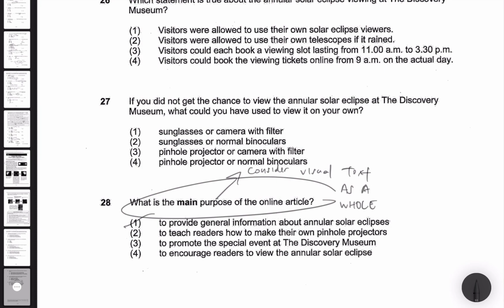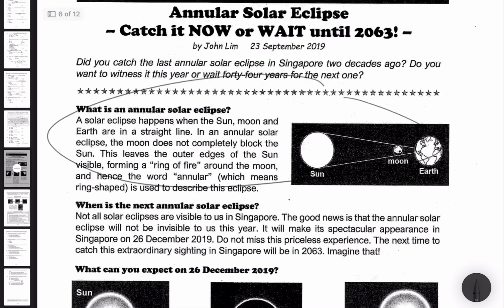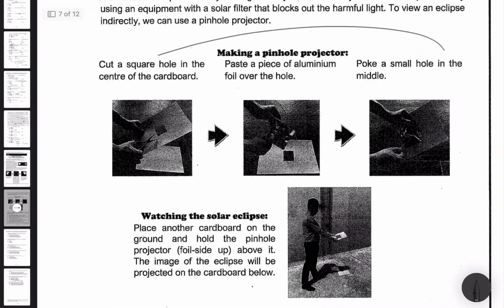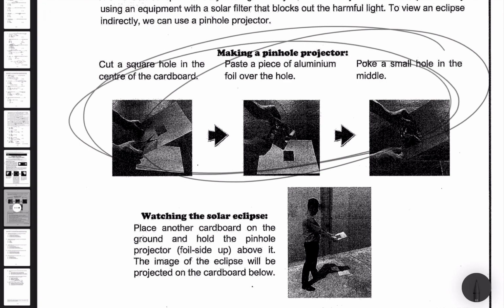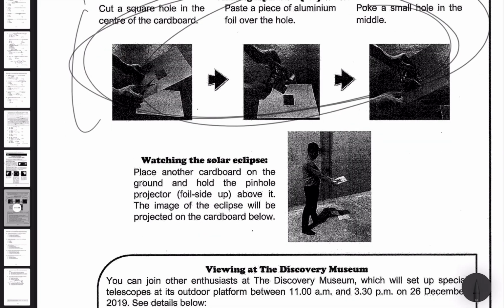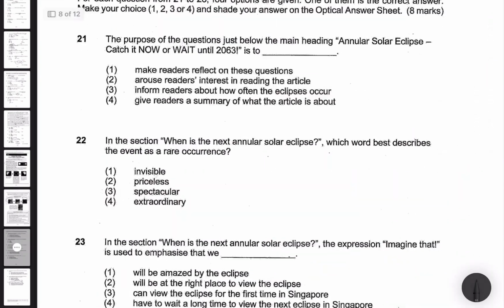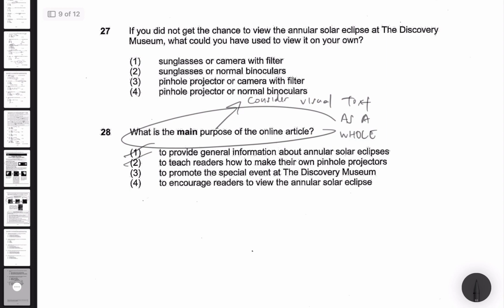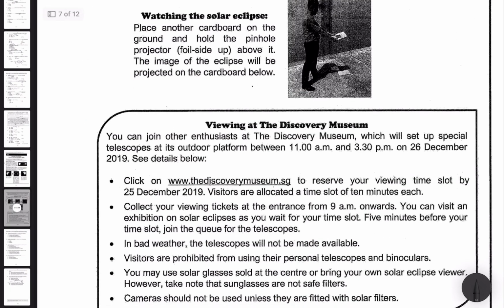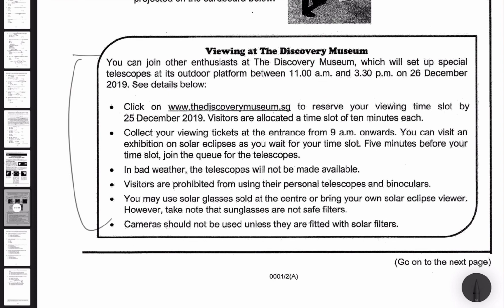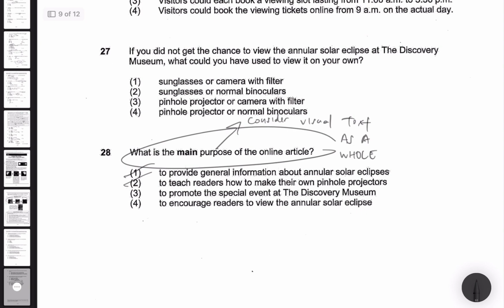To teach readers how to make their own pinhole projectors. No, because if I do that, then what? So you're telling me 2 pages worth of visual text is basically summed up in just this section? No, right? Because then what's the point of the other parts? Then, to promote the special event at the Discovery Museum. Again, you see, if we pick that, then it's just here. So we gotta look at it in a more holistic way, right?